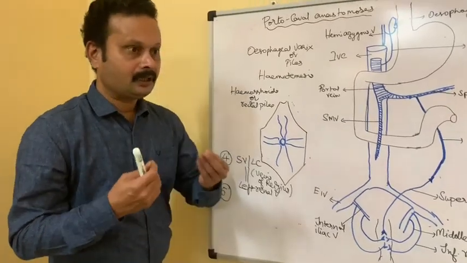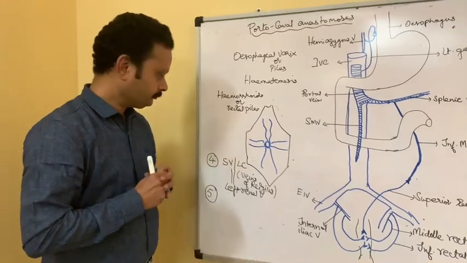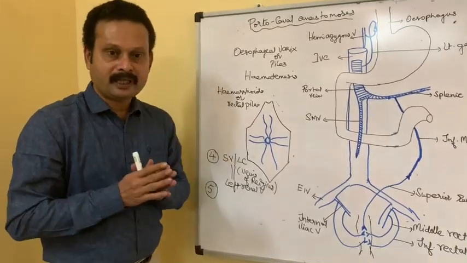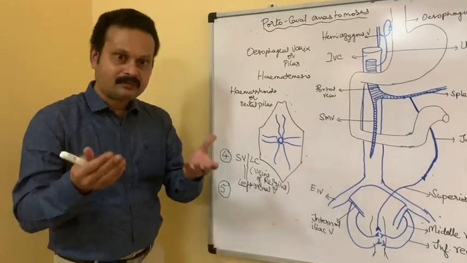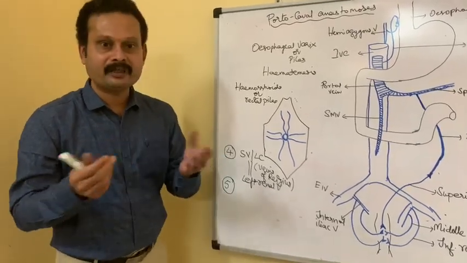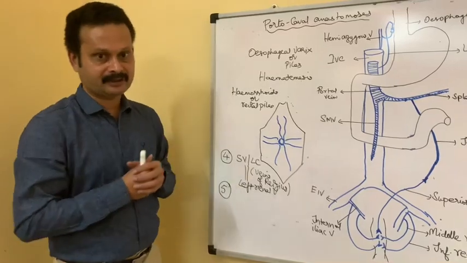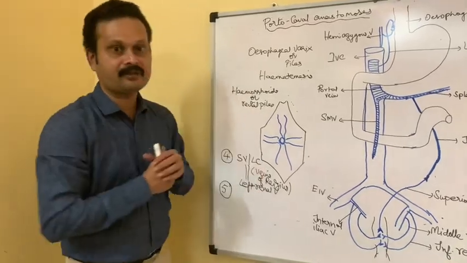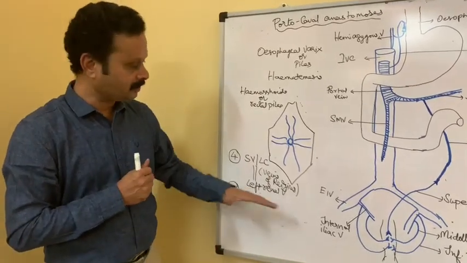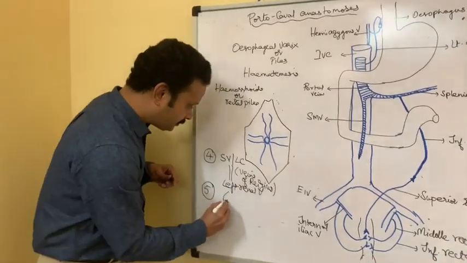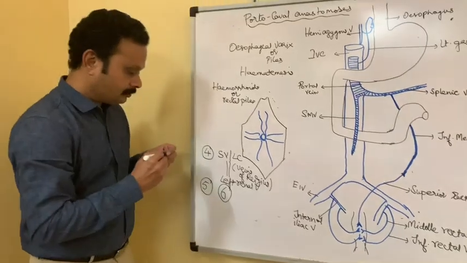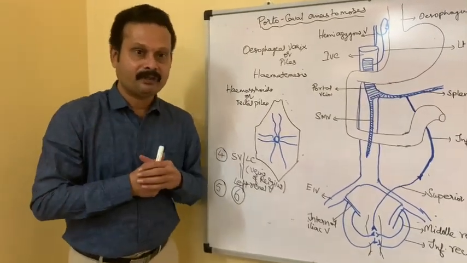Similarly, number 5, along the bare area of the liver, the portal radicals belonging to the portal system anastomose with diaphragmatic veins belonging to the caval system and form one of the sites of portocaval anastomosis at the bare area of the liver. Another site is at the falciform ligament of the liver.